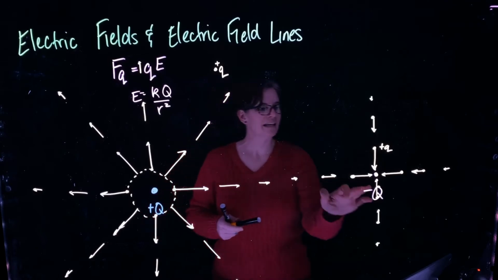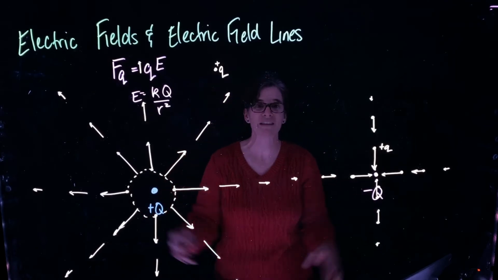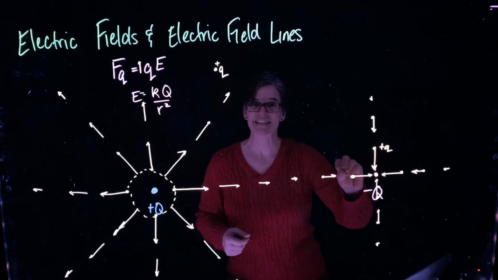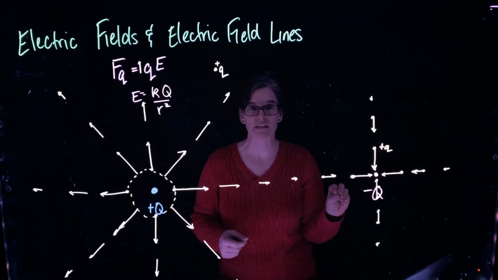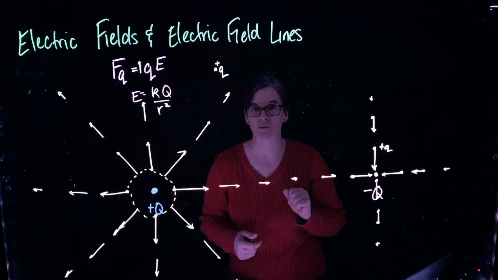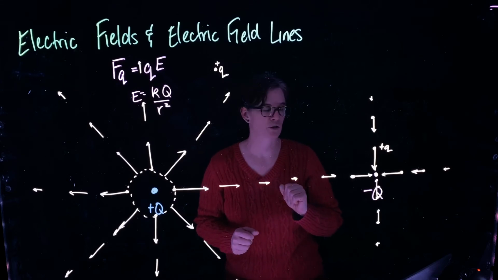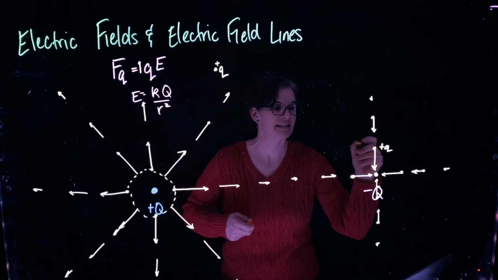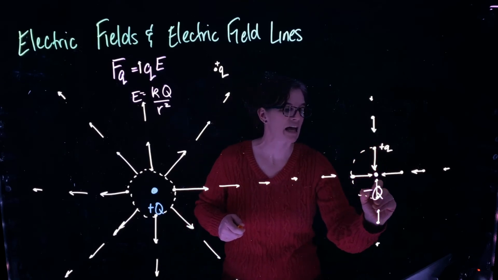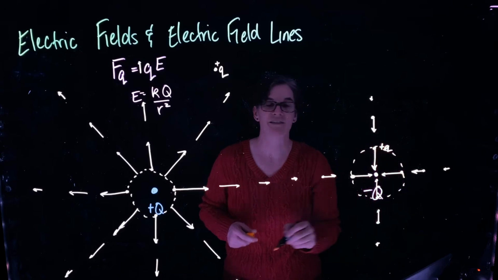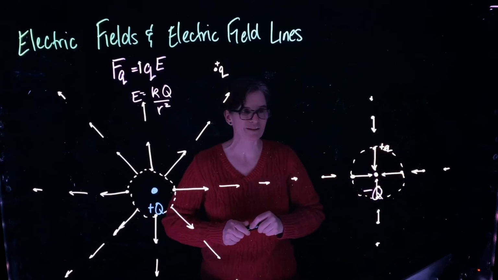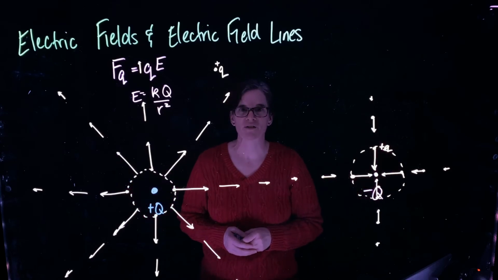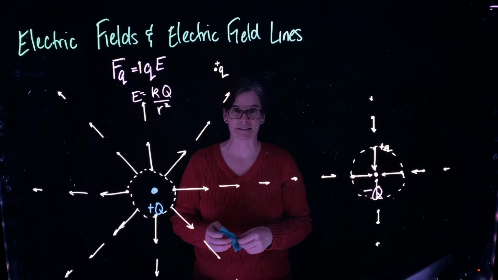And so for a negative charge particle, the electric field lines point inward. Again, at a specific distance, they're of equal strength. The electric field is of equal strength and is going to have equal influence over that charged particle Q, test particle. And so similarly, we are going to have these areas, these lines, this radius of equal potential, equal strength of the electric field. And for negative particles, those electric field lines point in.